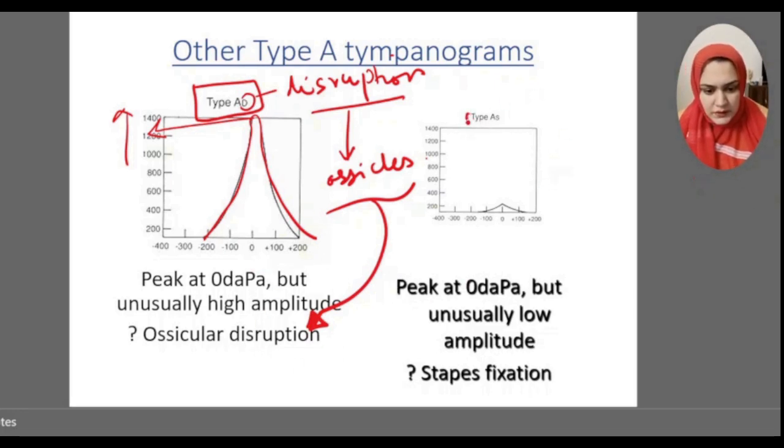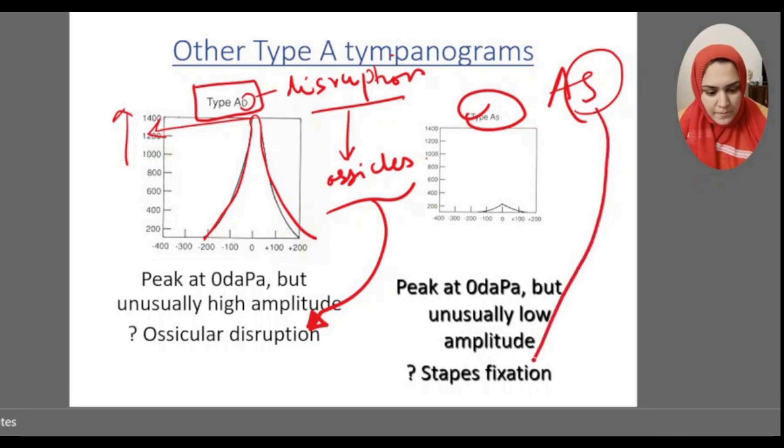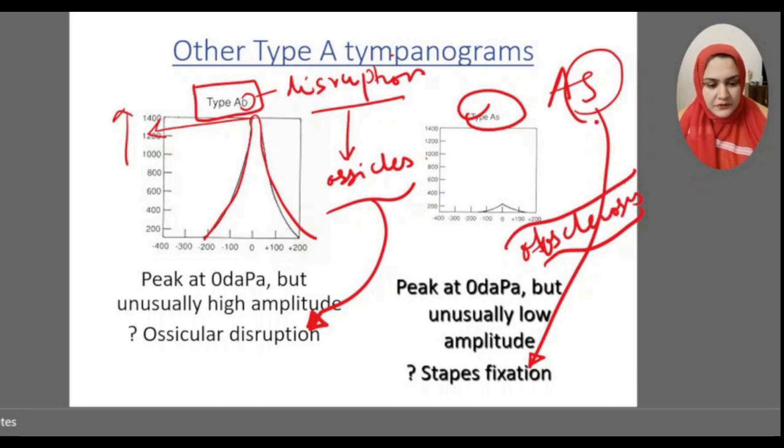Then there is type AS tympanogram. AS is for stapes fixation, or you can say otosclerosis. As you study it in more detail, otosclerosis is a form of disease where there are unusually high calcification areas present around the footplate of the stapes.